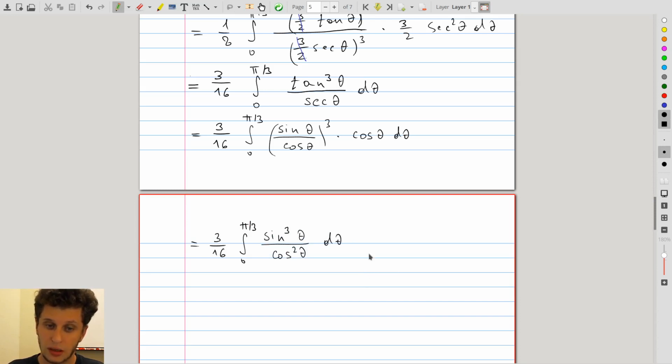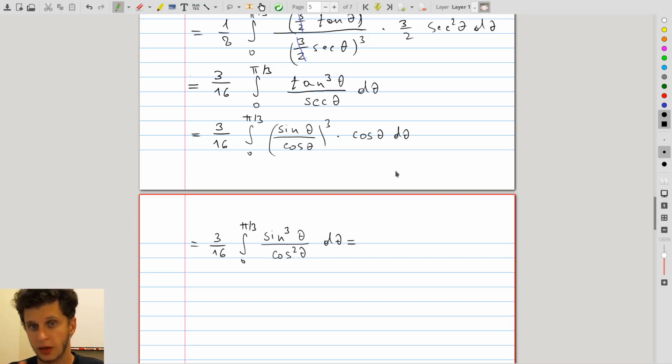Note that I have an odd power of sine and an even power of cosine, right? So I can use the u-sub that is appropriate for trig integrals of this form. Remember, whenever I have an odd power of sine, I want to take one of the sines and use it for the du.